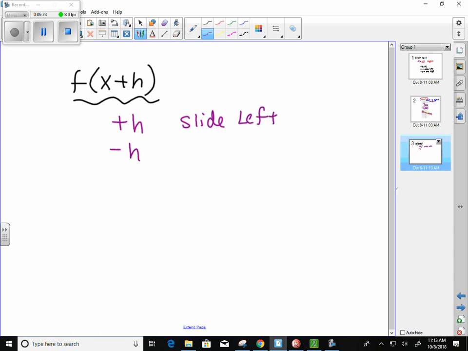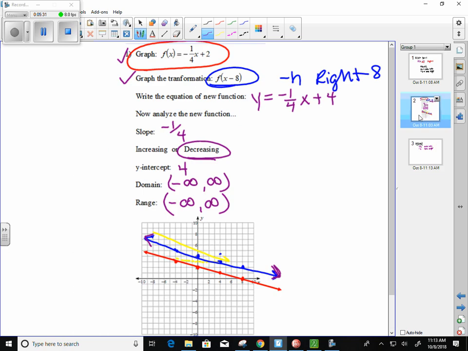If it's minus h, you're going to slide right. And then when you analyze, on this part right here where it says to analyze the function, you're analyzing the new equation, the new graph. That's why I looked at this blue one. That was my new one.